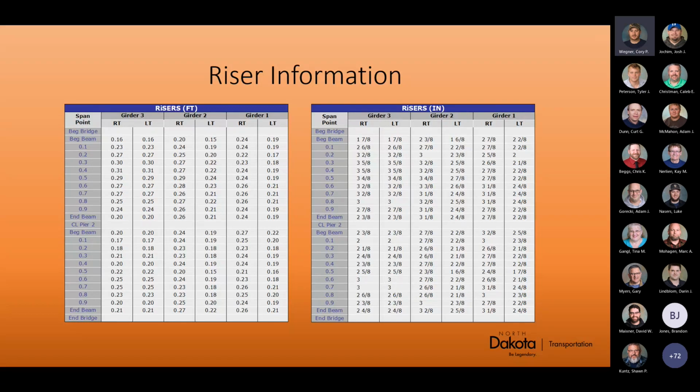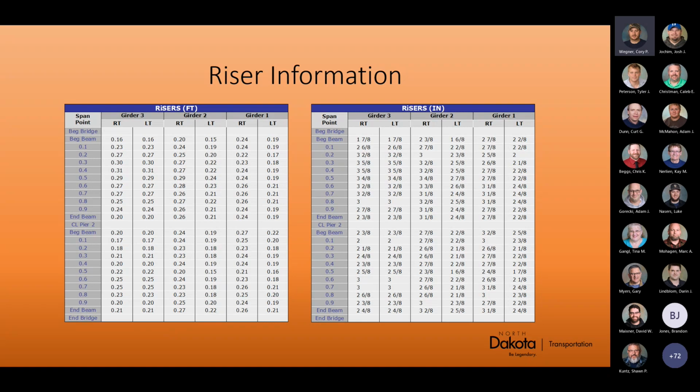And typically your plans will give you an estimated riser height. Sometimes it's pretty close. Sometimes you have a bit of difference. I know last year we had one beam on our bridge that didn't quite get the camber they were expecting.